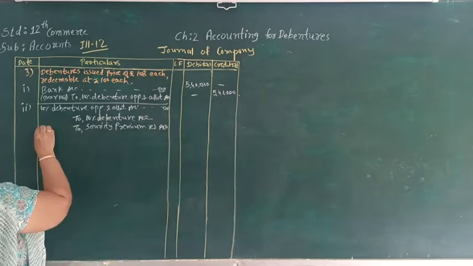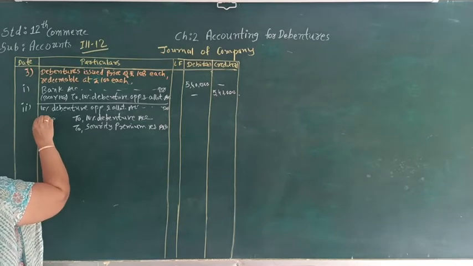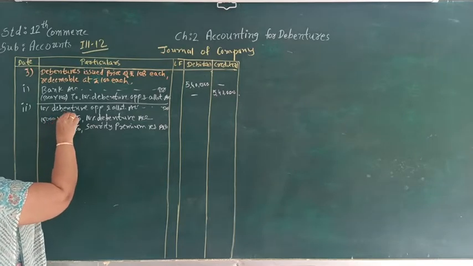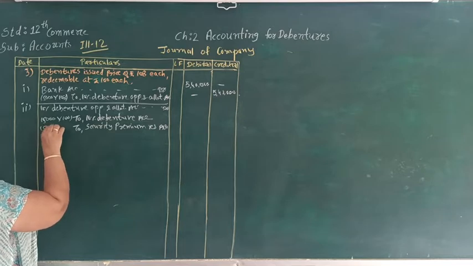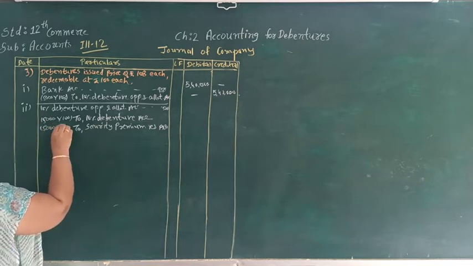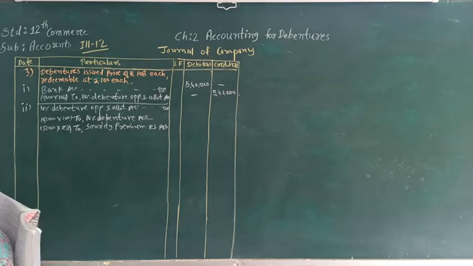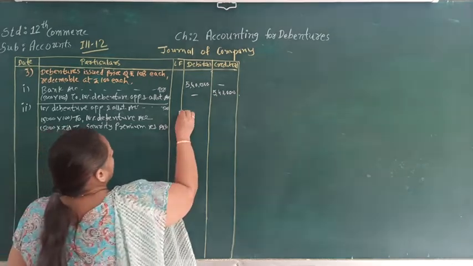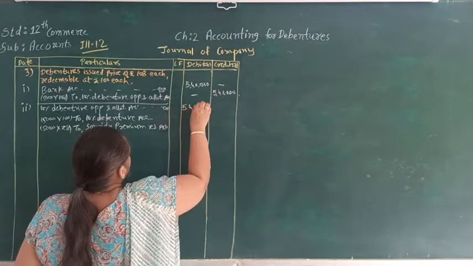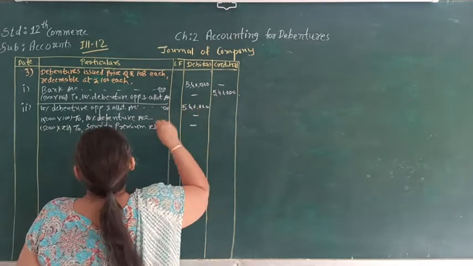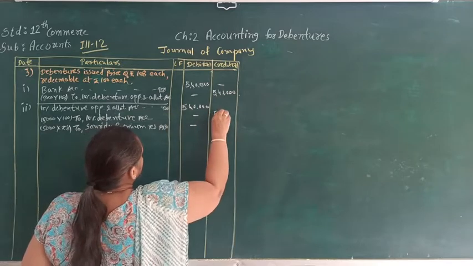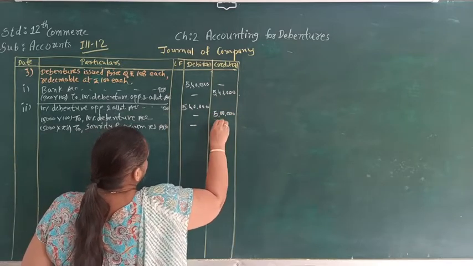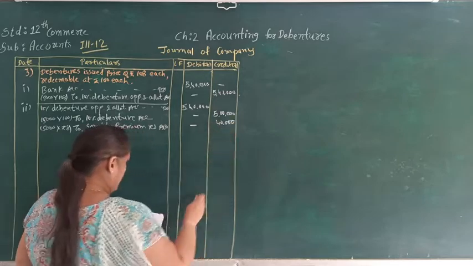Here the 5,000 debentures have a face value of rupees 100 and a security premium of rupees 8 per debenture. So the total amount is 5,40,000, of which the debenture amount is 5,00,000 and 40,000 is the security premium reserve account.